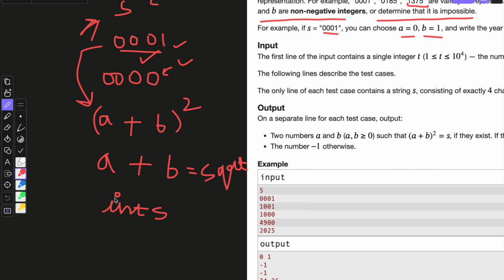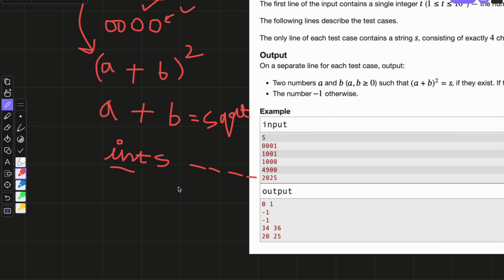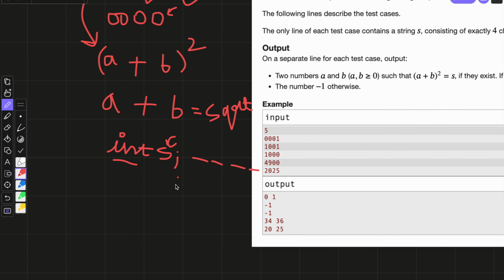And why can we take int? That's because it's a 4-digit number and it's in bound of integer. So we can take int s. That would make our computation, our solving, easier.